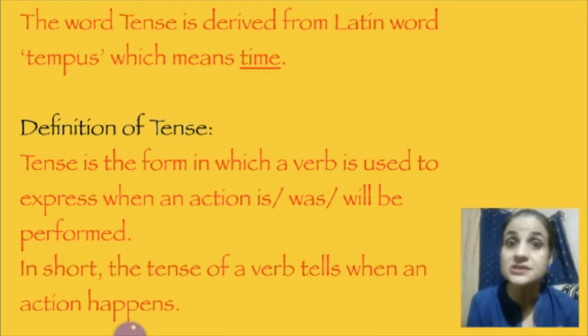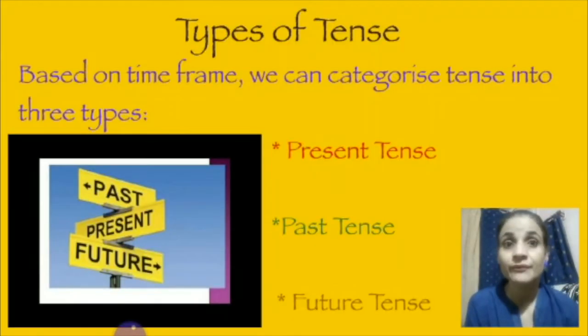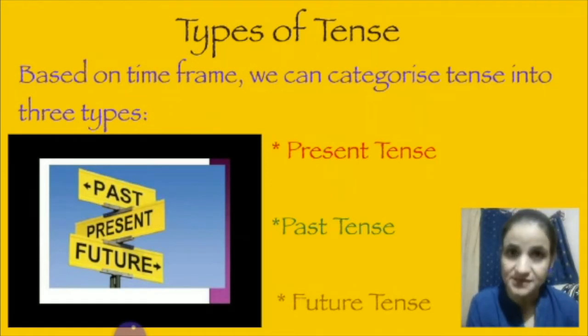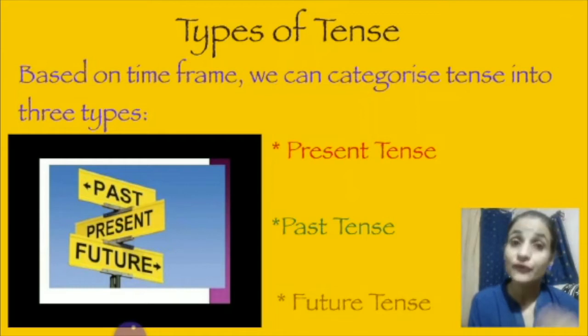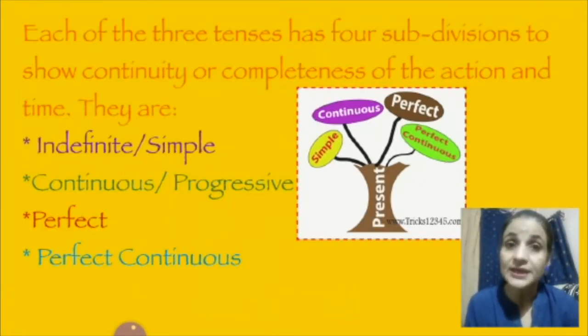So it tells us about the timing of the action. Now, based on the time frame, the tense has been categorized into three types: present tense, today; past tense, yesterday; future tense, tomorrow.